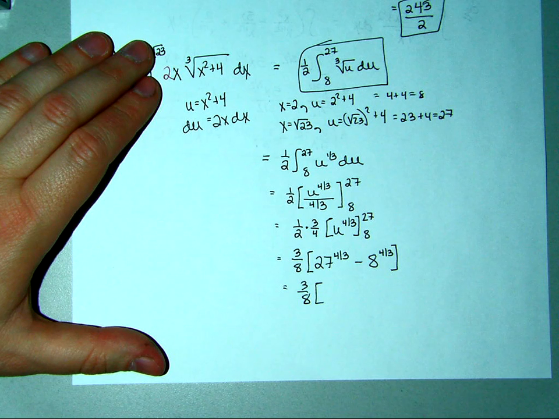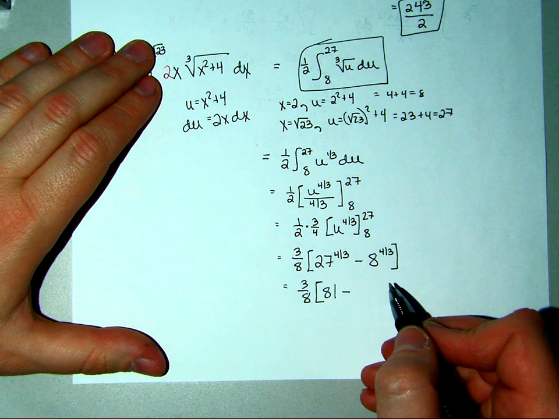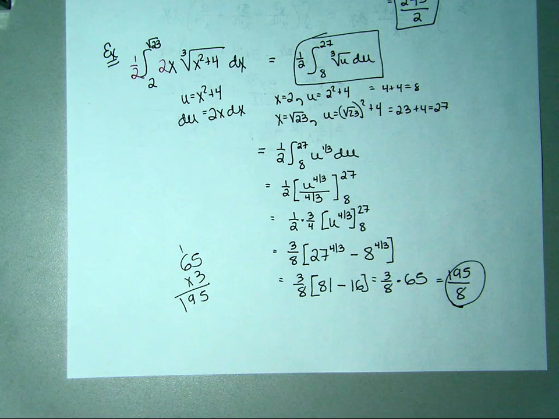Anyone? 16. Cube root of 8 is 2. To the 4th will give us 16. So we should get 3/8 times 65. 65 times 3 is 195 over 8. Are you following how this is working?